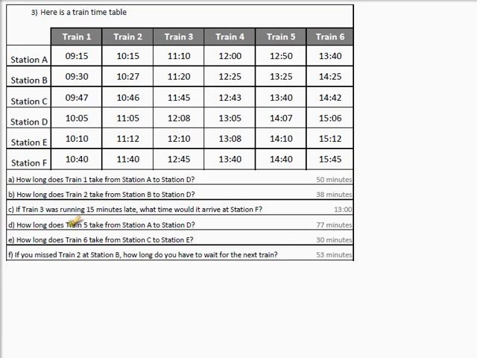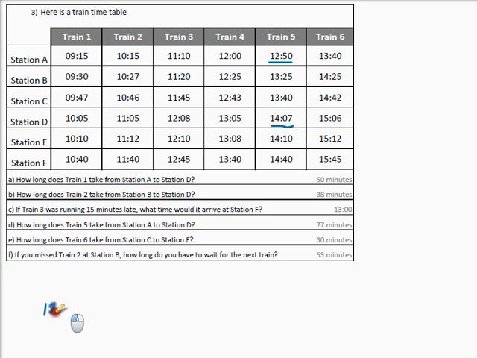How long does train 5 take from station A to D? Train 5, A to D. 12:50 to 14:07.